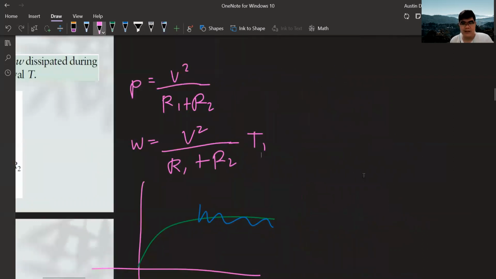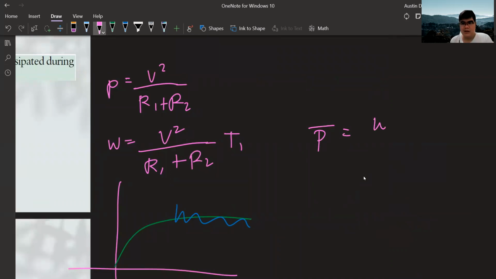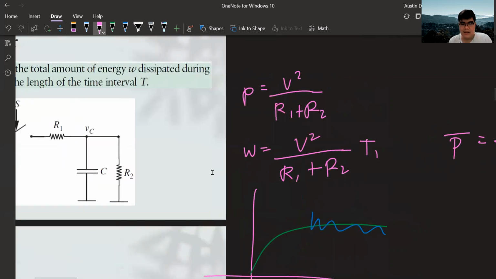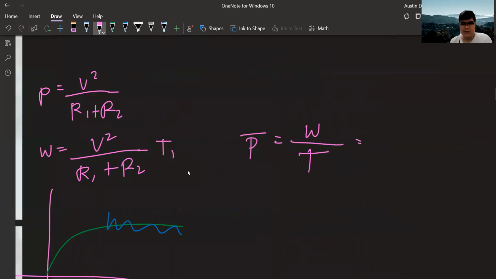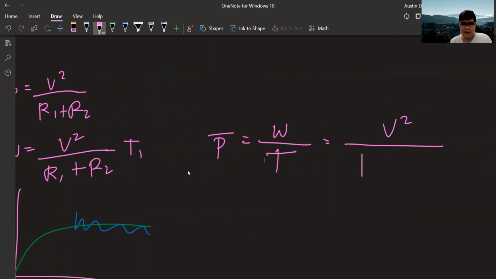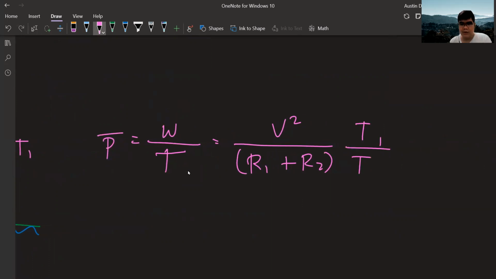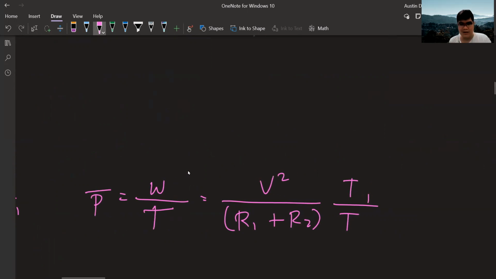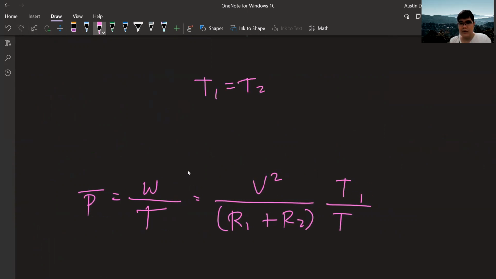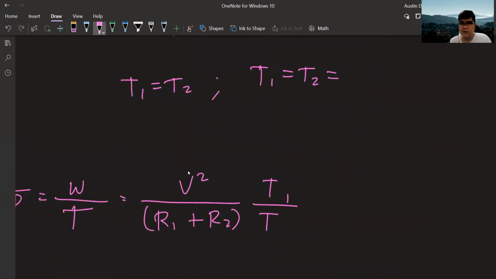Okay, and then the average static power dissipation would be W over the total time T. Because at T2, there is no current flowing in our circuit, so that is 0. So the average static power dissipation would be V squared over R1 plus R2, times T1 over T. Now, if the time is symmetric, if you split the time such that T1 is equal to T2, therefore T1 and T2 must be equal to T over 2.